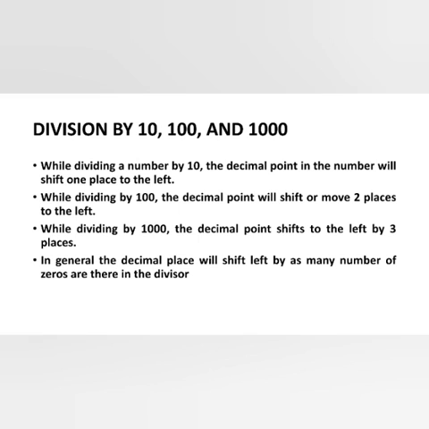And while dividing by 1000, the decimal point shifts to the left by 3 places. That is, in general, the decimal point will shift left by as many places as there are zeros in the divisor. Now, let me explain it with some examples.